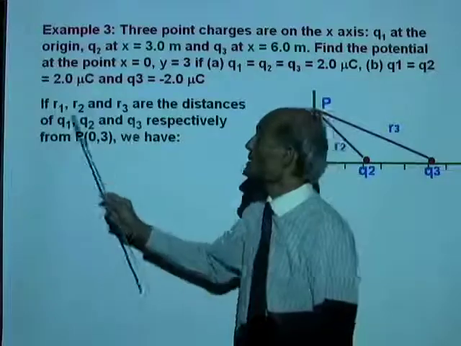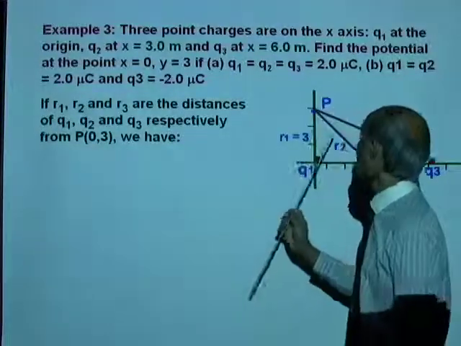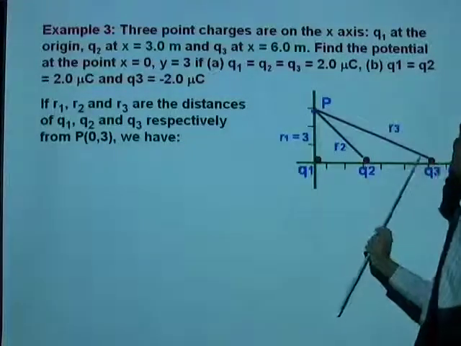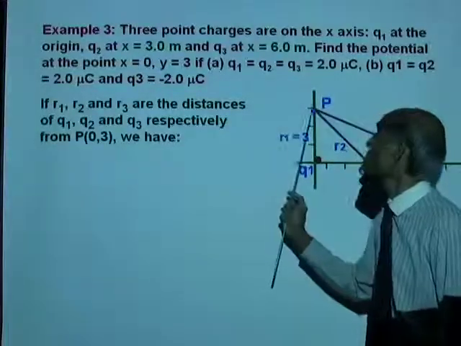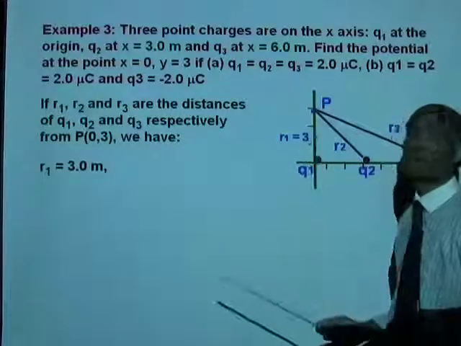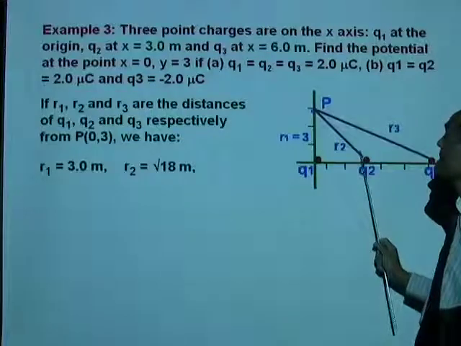Alright, let's do that. If R1, R2 and R3 are the distances of Q1, Q2 and Q3 respectively from the point 0, 3, we have R1 equal to 3 meter, R2 equal to square root of 18 meter.